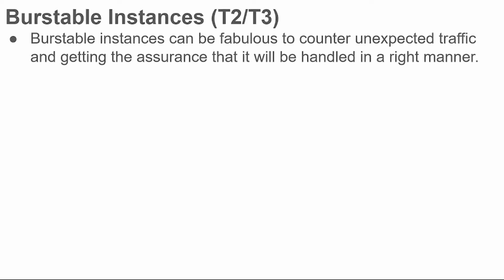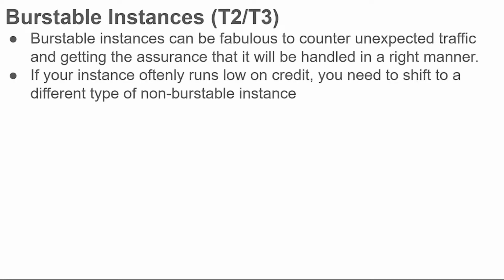Next, burstable instances can be fabulous to counter unexpected traffic, giving you the assurance that it will be handled in the right manner. Burstable instances are very good because if you have unexpected traffic and a higher workload, they assure you that your workload will be handled properly. Your CPU won't slow down.